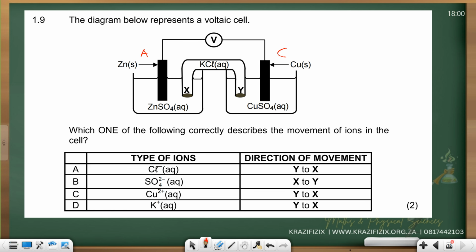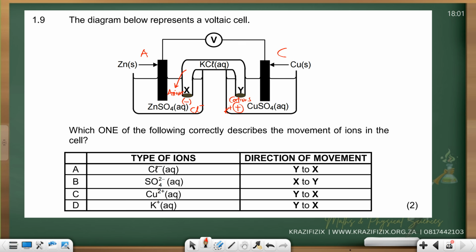So what are we expecting to come to the anode? Anions. And what are we expecting here? And we know the cations are what? Positively charged. And the anions are negative, so we should have what? Cl minus here, and we have what? Potassium ion. Type of ions. Okay, let's see.